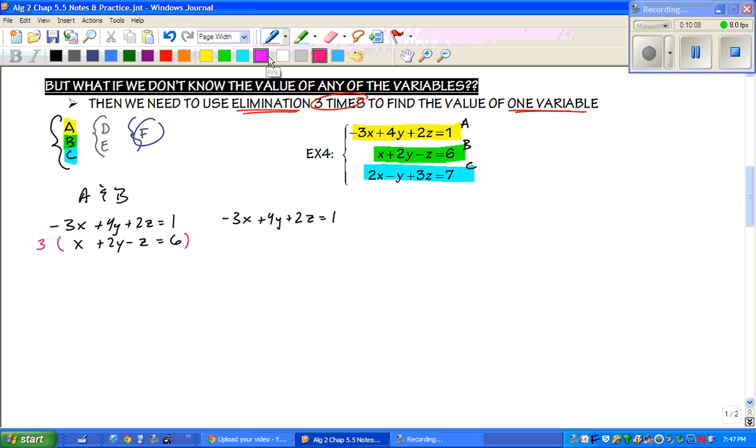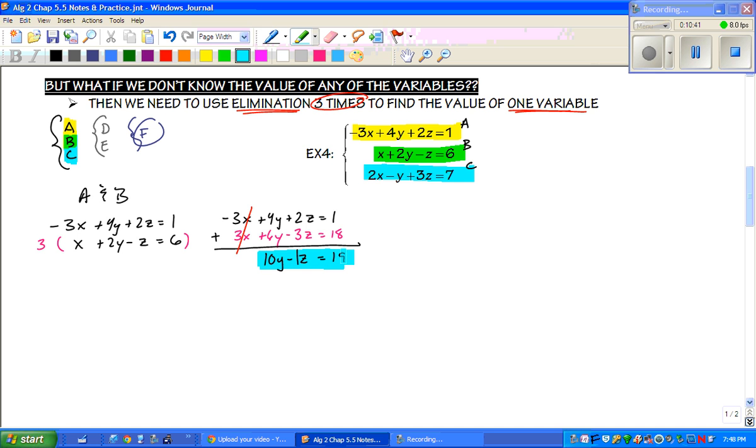And now the bottom changes to 3x plus 6y minus 3z equals 18. Now just like we talked about, the x's cancel, and we get 10y minus z equals 19. If you want to help yourself remember, that's 1z, that's good.